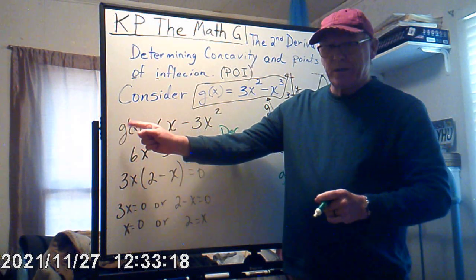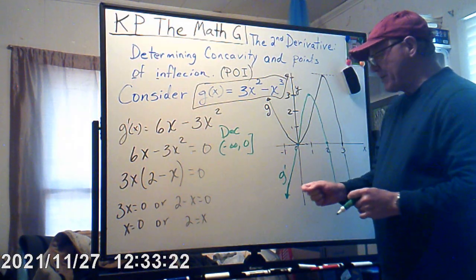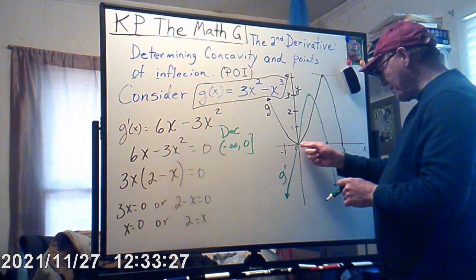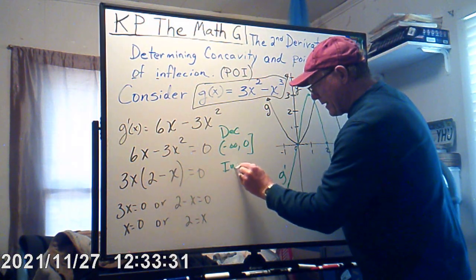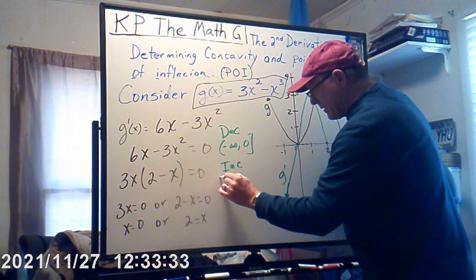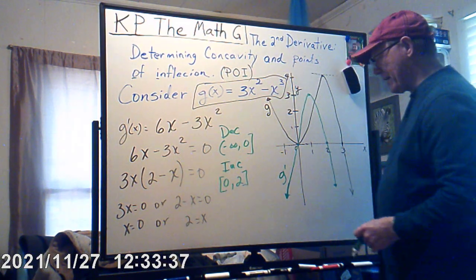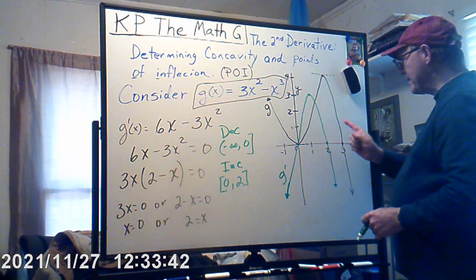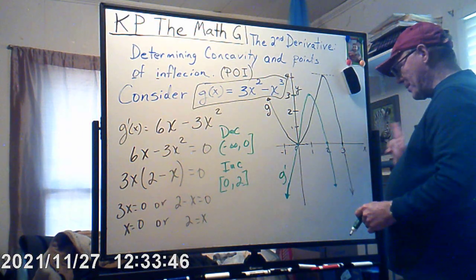When we're looking at the first derivative, decreasing. It is increasing from where? From 0 to 2. So increasing from 0 to 2. And also decreasing from 2 to positive infinity.